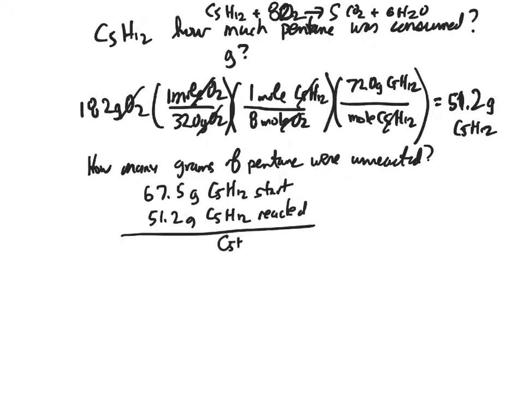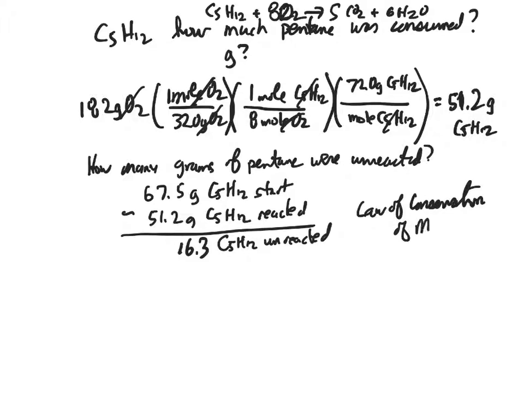That would give us the unreacted amount of pentane. So 67.5 minus 51.2 will be 16.3 grams of pentane that was unreacted. We did this by using the law of conservation of mass.